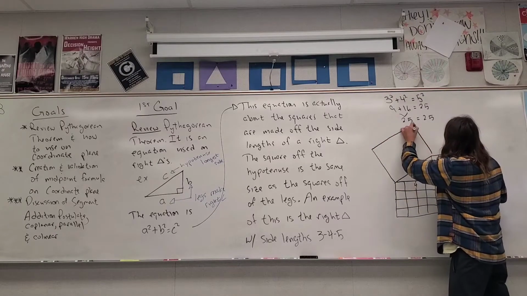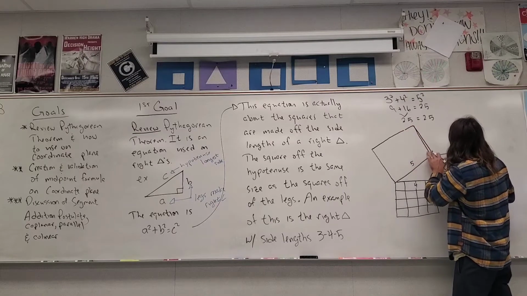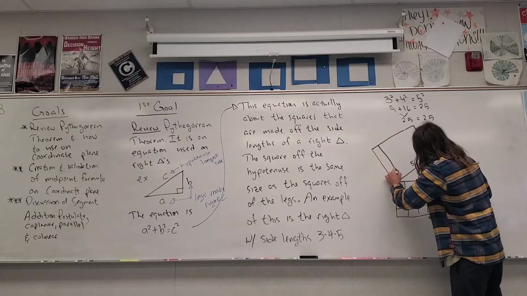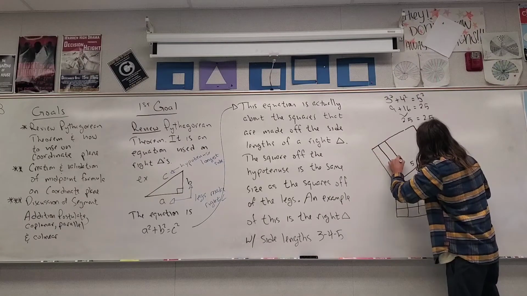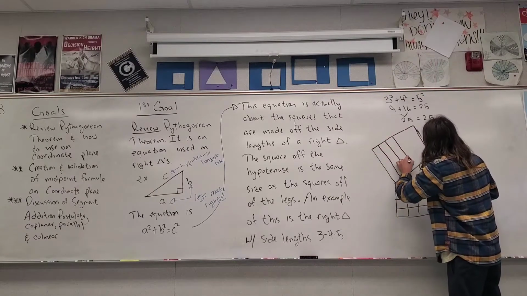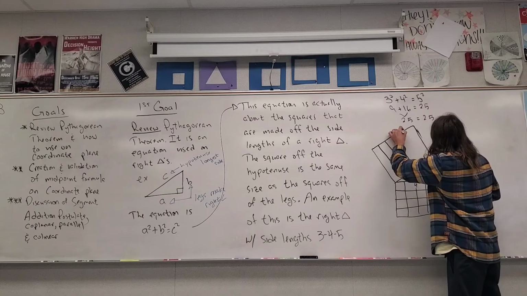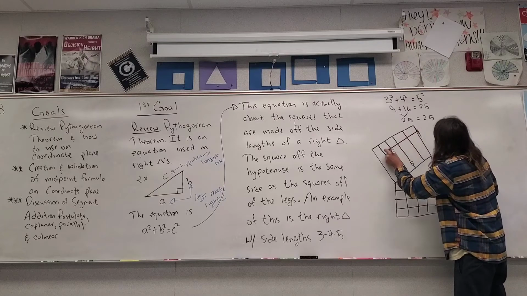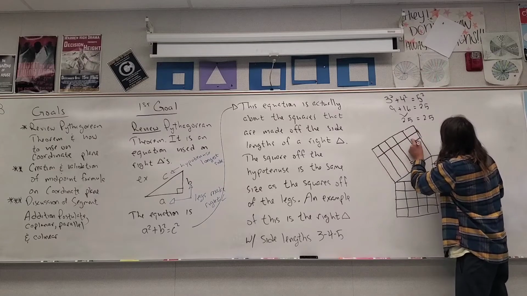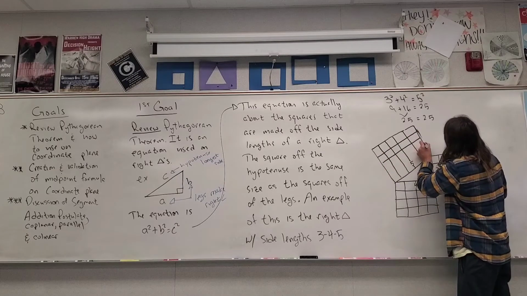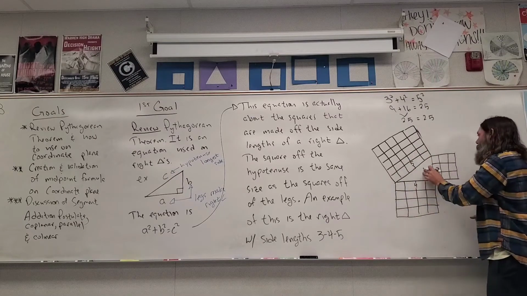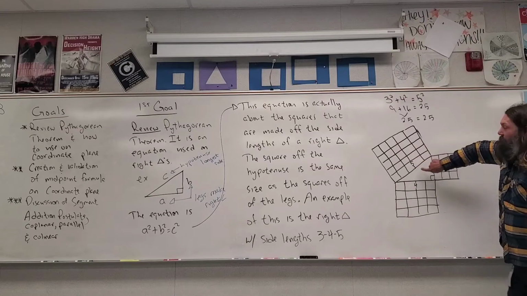Oh, air ball. There we go. That's a little bit better. All right, and off of this, I have a 5 by 5 square. Is that right? 1, 2, 3, 4, 5, and then so off my hypotenuse, I have 25 little squares.